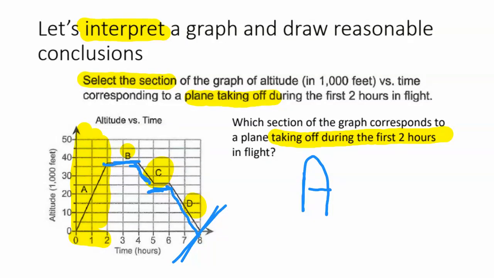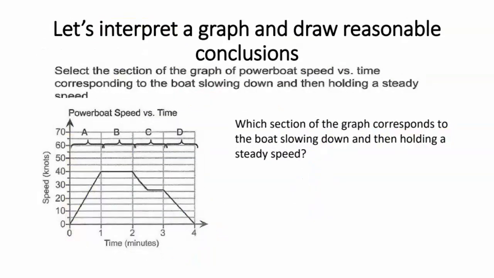Now, this is a little different, but it's still asking you the same thing, except this time we're using a boat. Select the section of the graph of boat speed versus time corresponding to the boat slowing down and then holding steady. Okay, what does the question say?